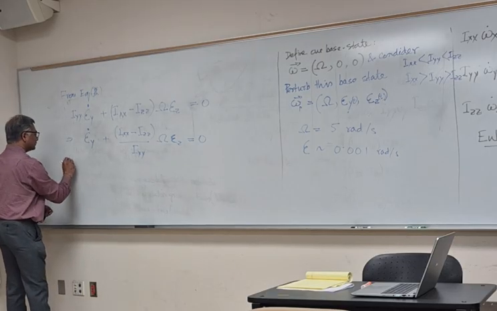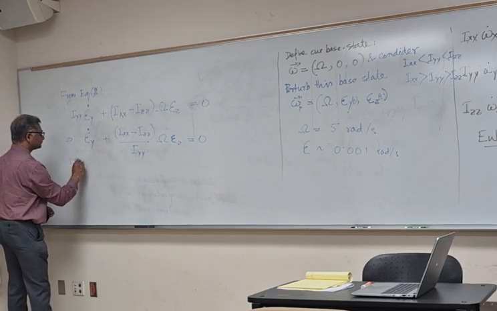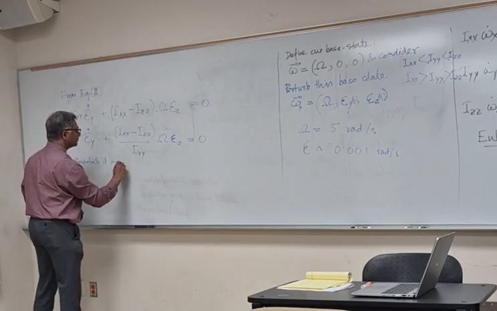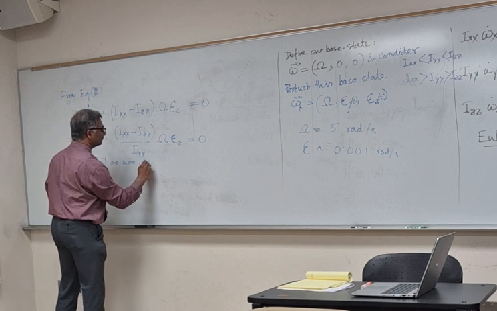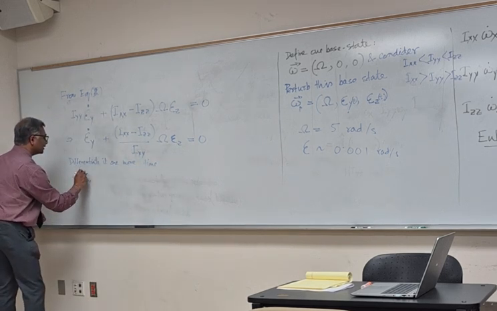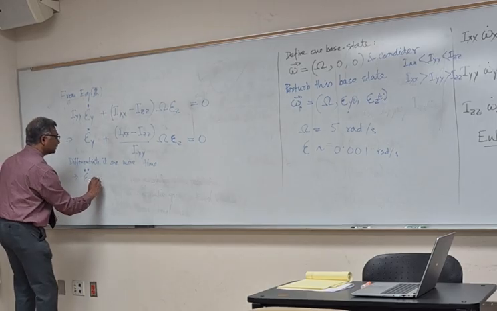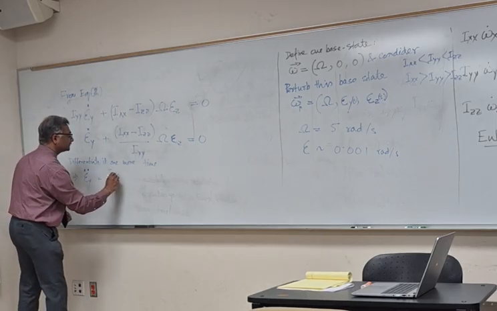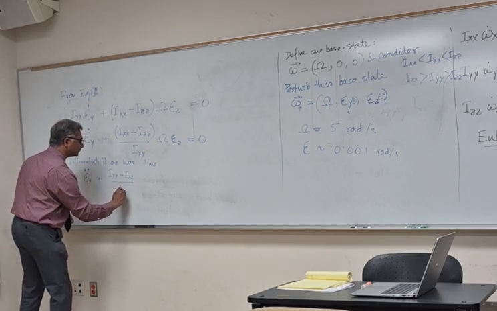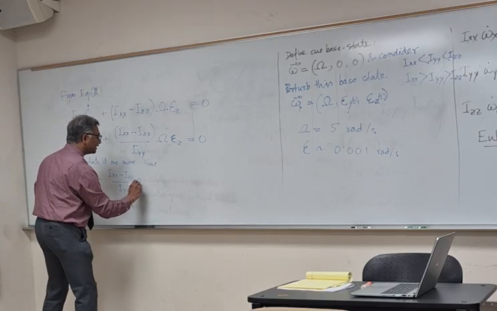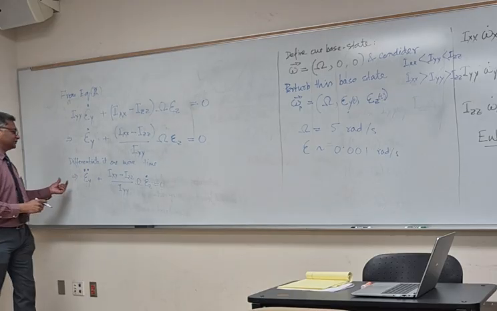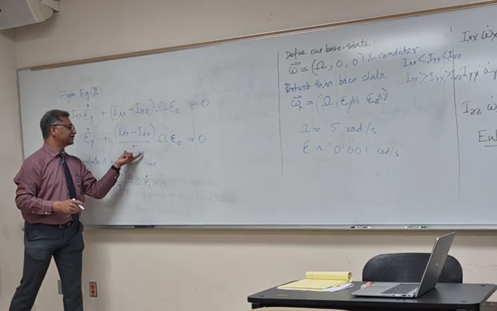So now differentiate it one more time, and what we get is epsilon y double dot plus (Ixx minus Izz) divided by Iyy times Omega epsilon z dot equal to 0. Apart from these two things, everything is constant in time.